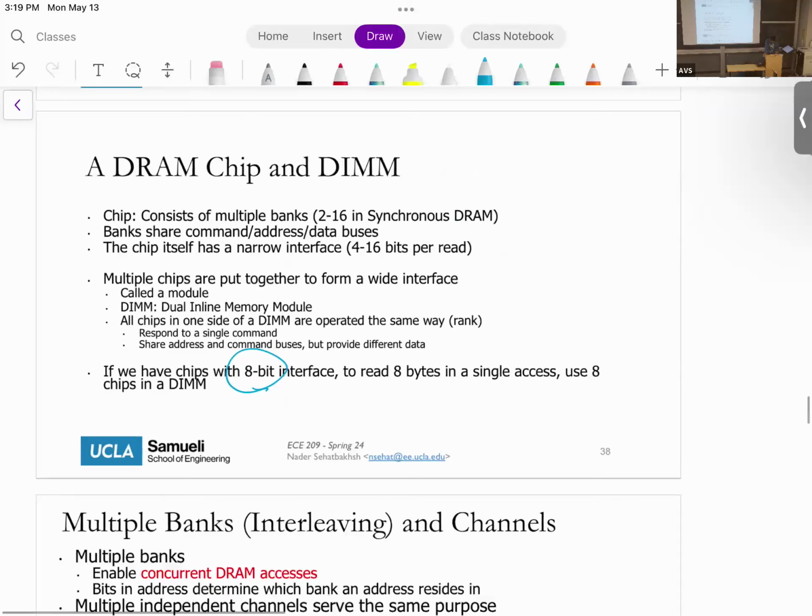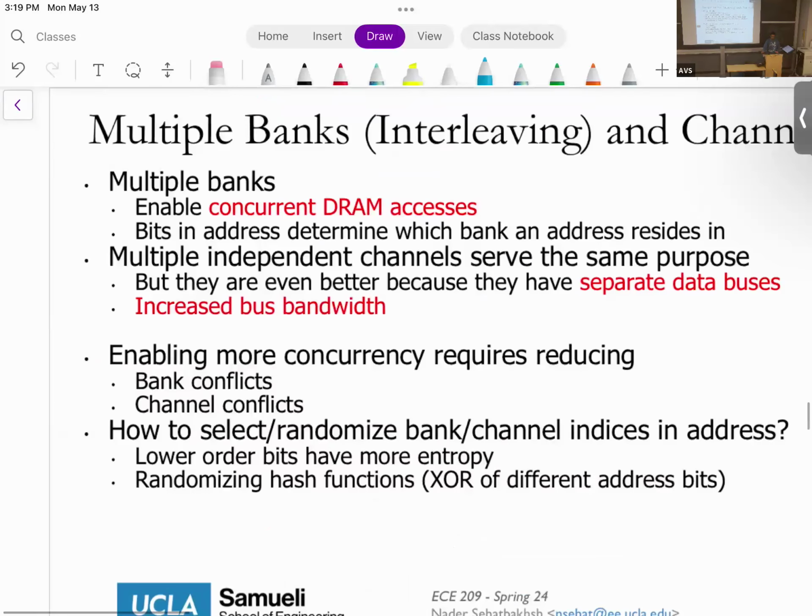Okay. So what's the point of having multiple banks? Multiple banks will enable concurrent accesses, okay? Because essentially banks can provide a different set of bytes. A good thing about banks is that if multiple requests come to a particular chip, they can be applied to different banks, and each bank can independently provide the data. Although the channel is just one channel, so I cannot send all the data at once, I still need to serialize it.